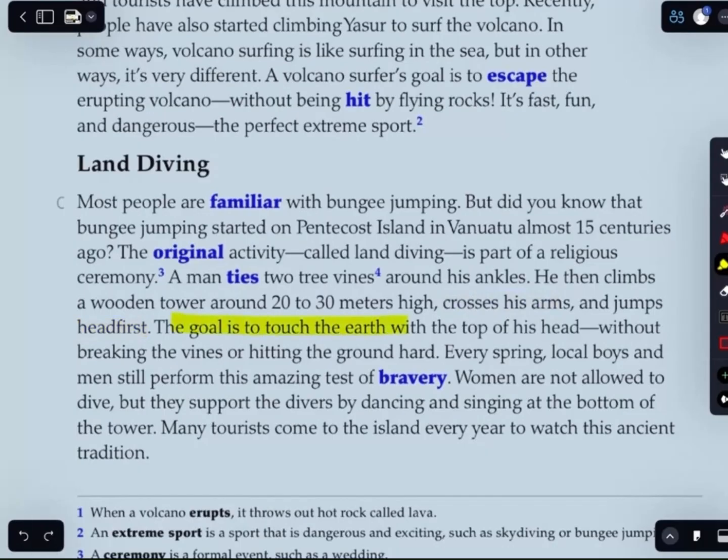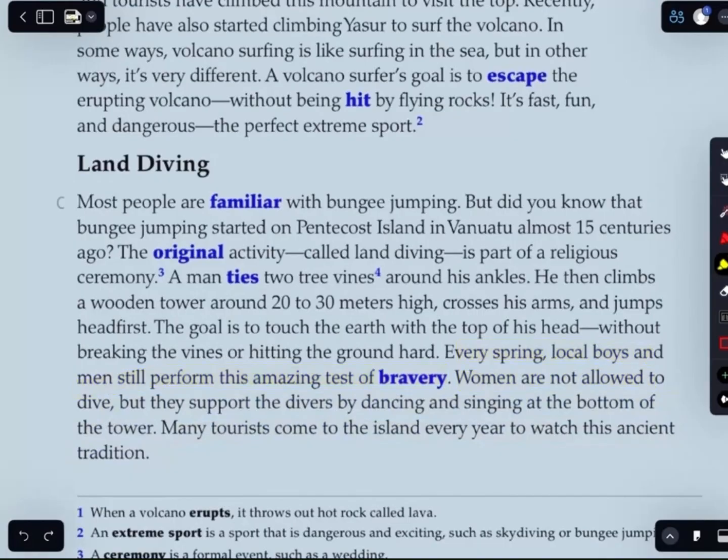The goal is to touch the earth with the top of his head without breaking the vines or hitting the ground hard. Every spring, local boys and men still perform this amazing test of bravery. Women are not allowed to dive, but they support the divers by dancing and singing at the bottom of the tower. Many tourists come to the island every year to watch this ancient tradition.